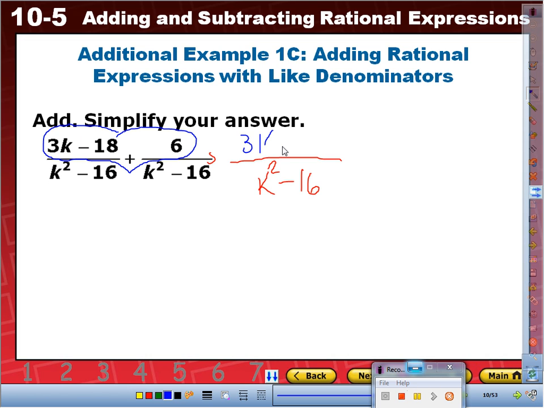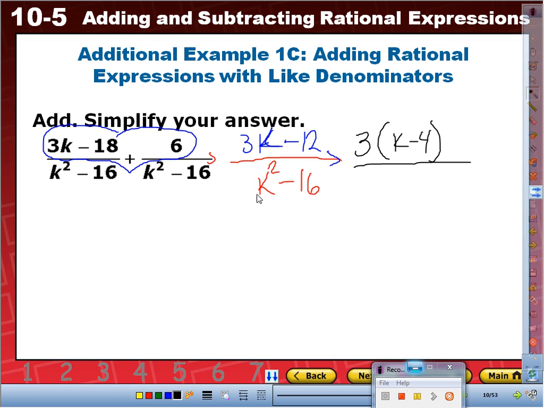No, 3k. But then I have negative 18 plus 6, that gives me negative 12. Hands if you got up to right there. Okay, good. From there, step 4, factor completely. Is there a GCF in the numerator? 3, and we're left with k minus 4.